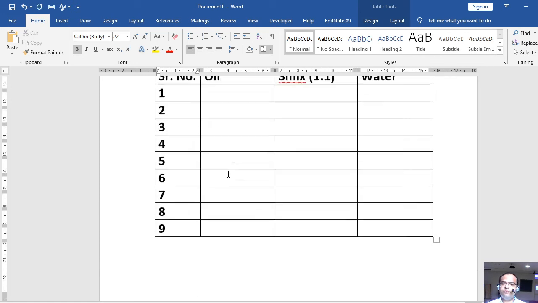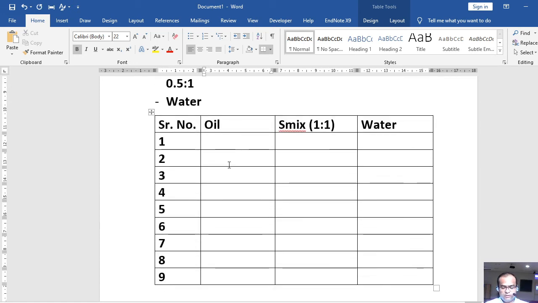Now what I'll do, I'll take the amount of oil in increments of 1: 1 ml, 2 ml, 3 ml, 4 ml, 5 ml, 6, and so on. This is a quantity in ml, and this is also a quantity in ml.